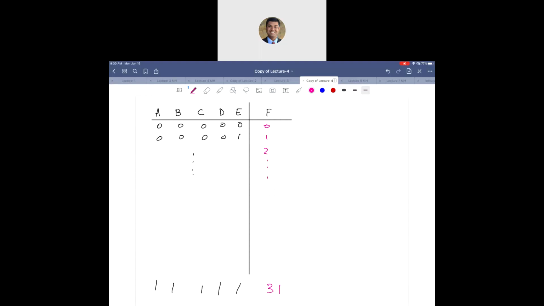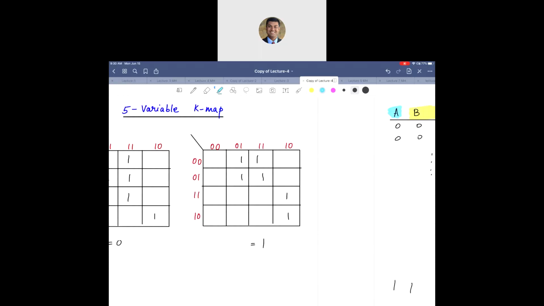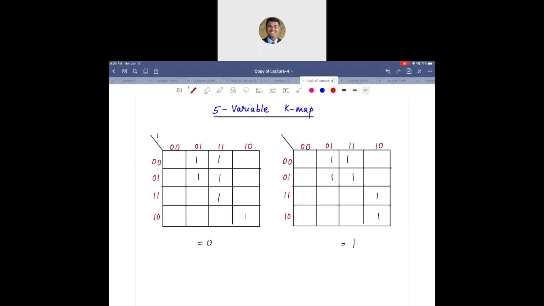So what I'm going to do is use these 4 as input variables for each of the 4 variable K-maps, and then I will use A to identify which 4 variable K-map they go into. So B, C, D, E here, and then B, C, D, E over here, and then this is A is 0, A is 1.